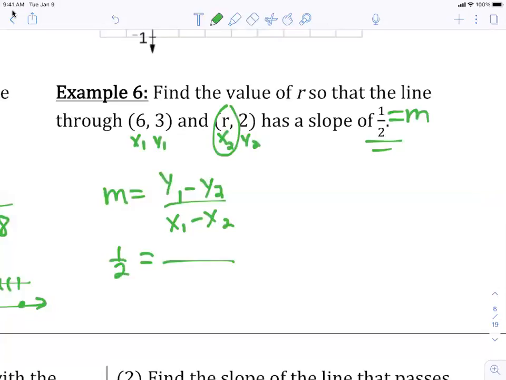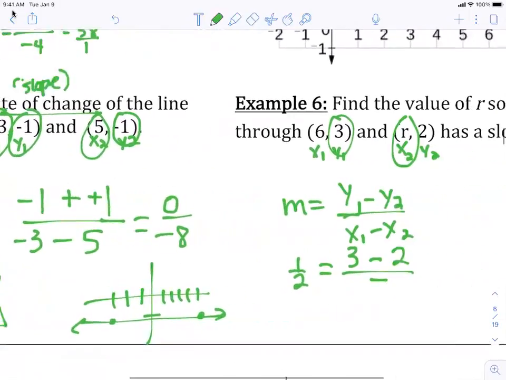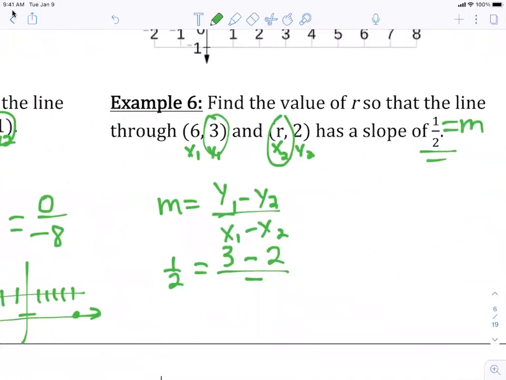And if I keep going, I'm going to plug everything in. Y sub 1 is going to end up being 3, it's going to be 3 minus 2. And then on the bottom, I'm going to do x sub 1, which is 6, minus x sub 2. Even though we don't know what it is, we're calling it r in this case.